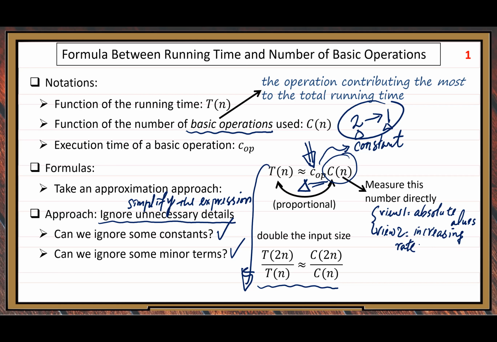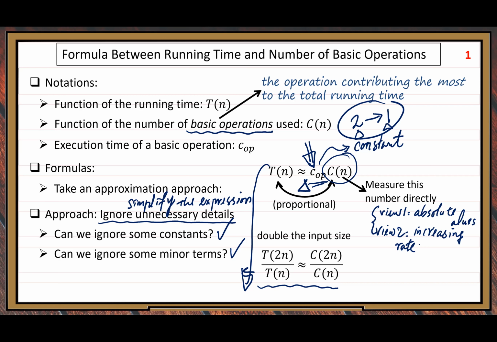So when we change to a different view, our answer will be different. From view two, we can ignore C-op. But that increasing rate is important, right? Every time you double the input size, how fast does that function increase? That is very important.